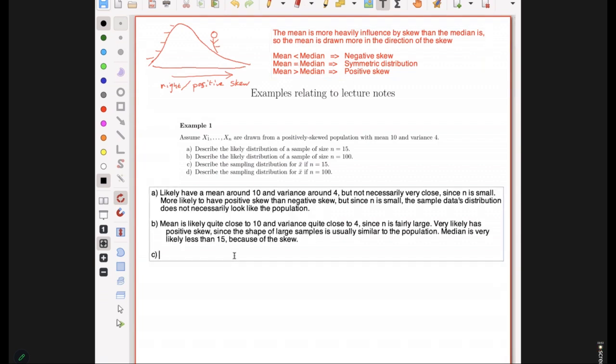Okay. And now C and D, I'm asking not about the distribution of a sample, but the sampling distribution for X bar. Is the difference between those clear to you?